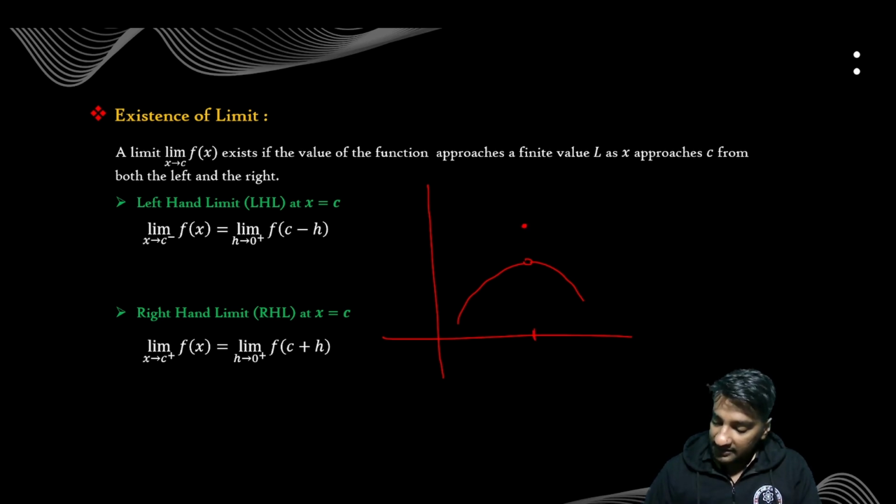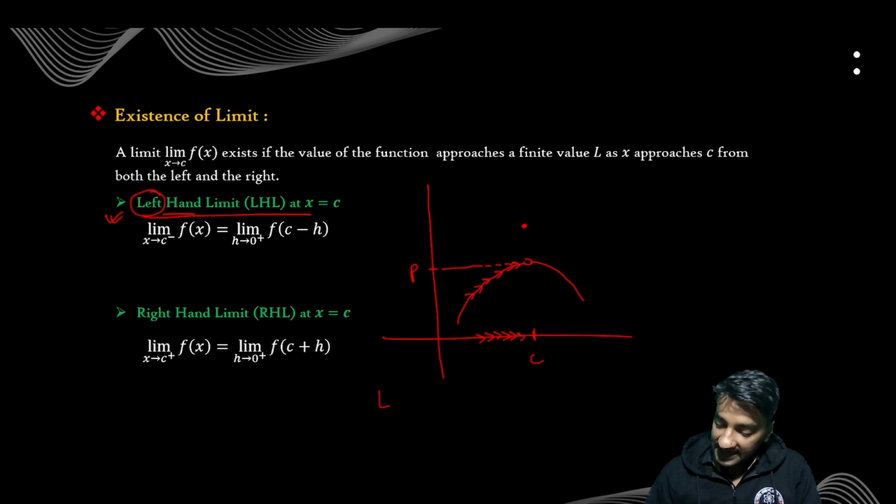Suppose this is c. First of all, we calculate the left hand limit. As its name suggests, left hand, we calculate the function value from the left hand side as we move toward the c value. Similarly, the function moves towards this value. Suppose this value is p.